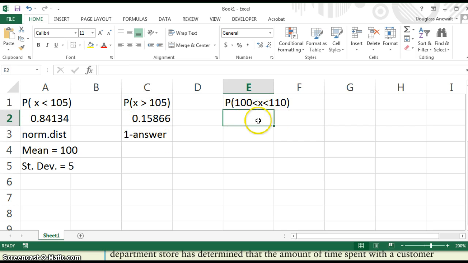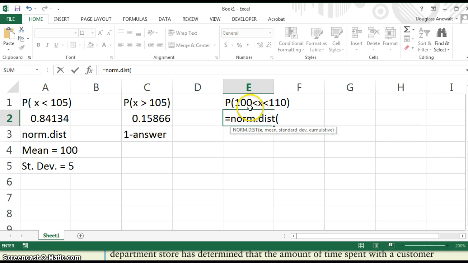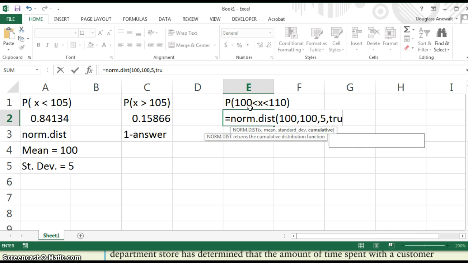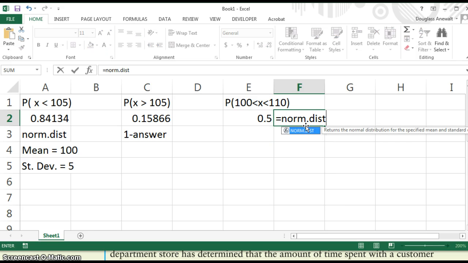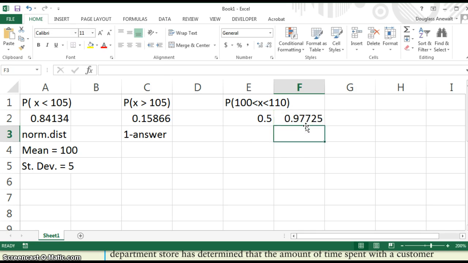And then if you're doing in between, use normal distribution for both of them. So 100, the mean 100, standard deviation 5, true. And then for 110, norm.dist 110, mean 100, 5, true.